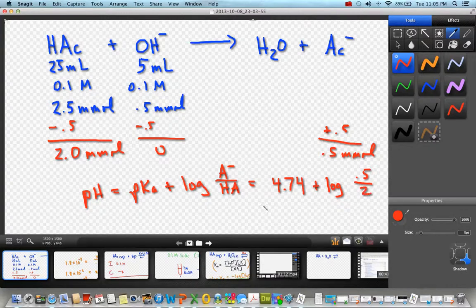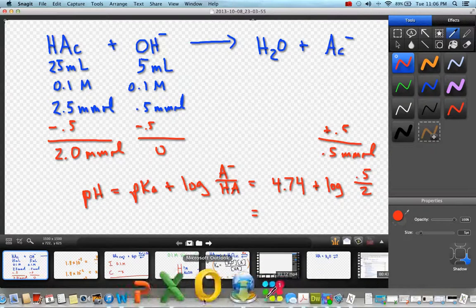And all I have to do now is to mathematically simplify this and I will get a pH. And I hope it makes sense that the pH should be greater than 2.87 because I've begun to neutralize an acidic solution whose pH before I added any base was 2.87.